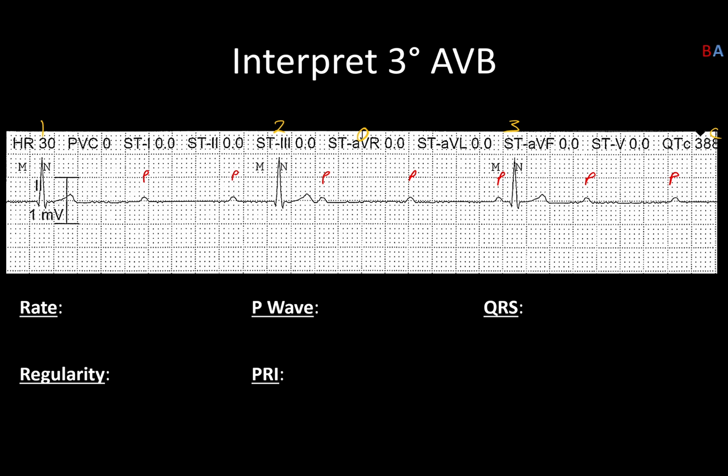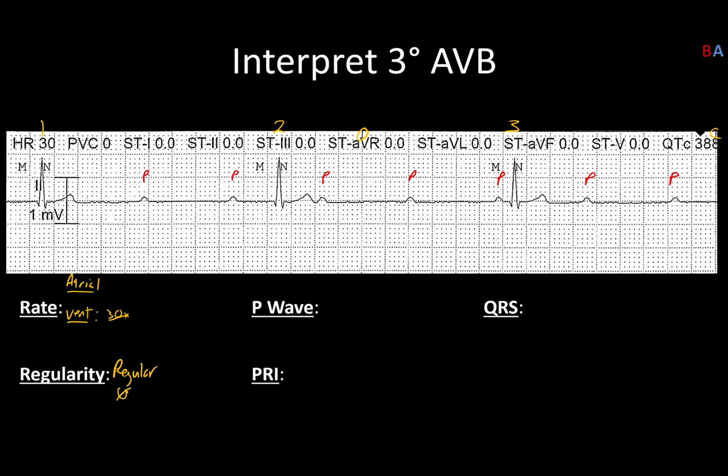So overall, we'll do atrial and ventricular rates. Ventricular is going to be 3 times 10, which gives you 30. We are definitely regular.